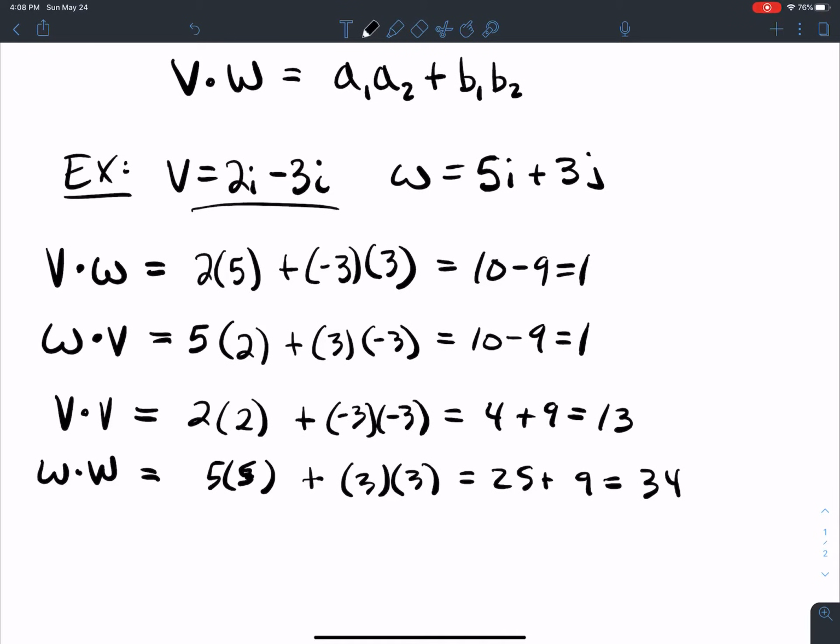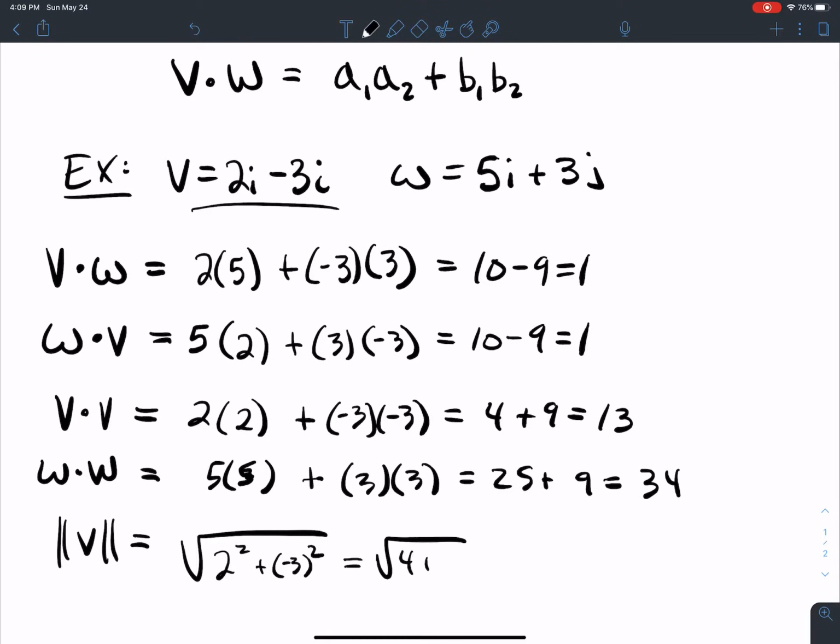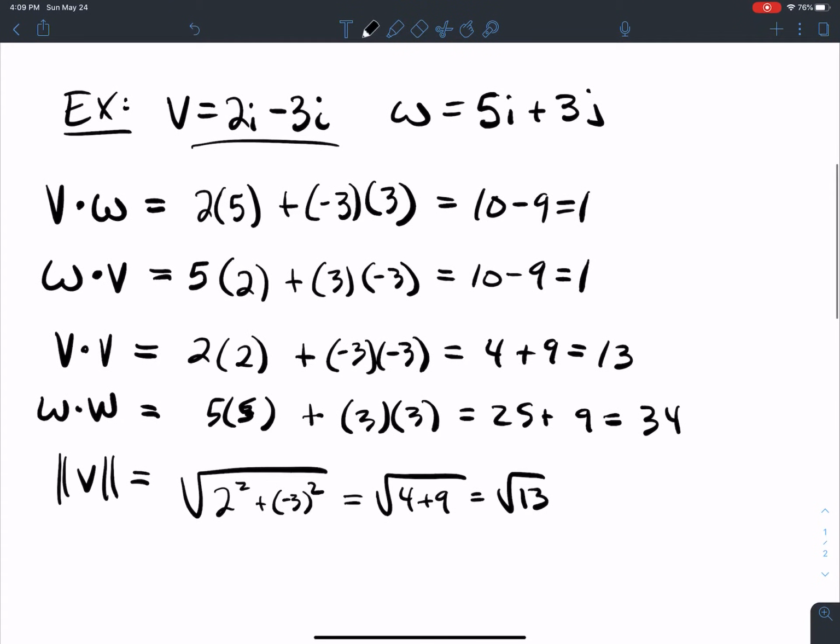I want to calculate the magnitude of v. So that's the square root of 2 squared plus negative 3 squared, which equals the square root of 4 plus 9, which is the square root of 13. Now what I want you to notice is this 13 here and that 13 there.